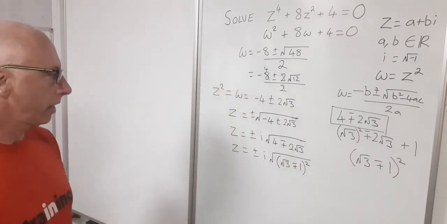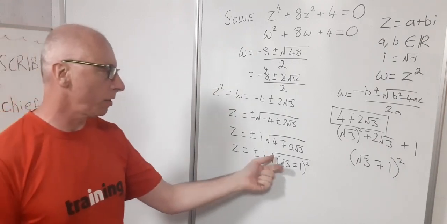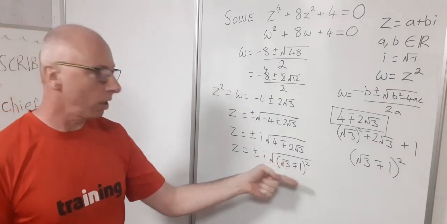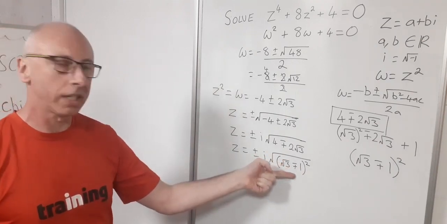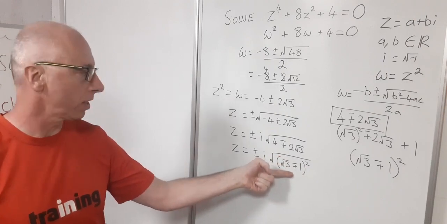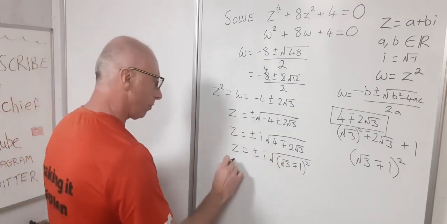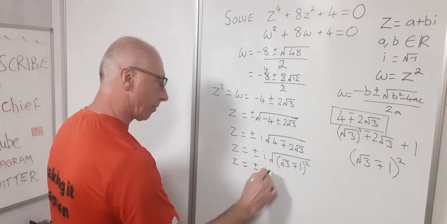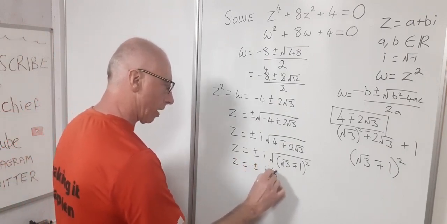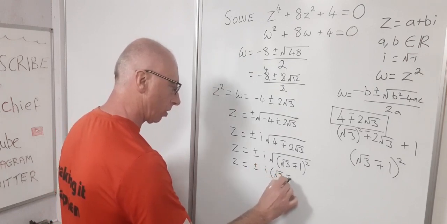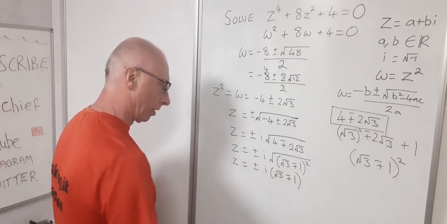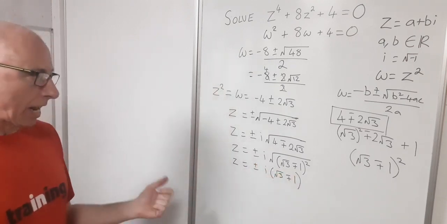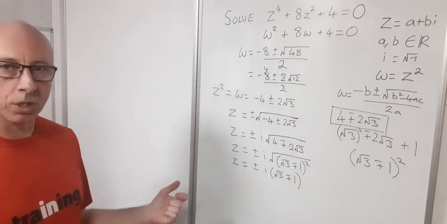Now if I take the square root of this squared term, I'm just left with what's inside the bracket. So z equals plus or minus i times root 3 minus or plus 1. Now I can write out my 4 solutions.